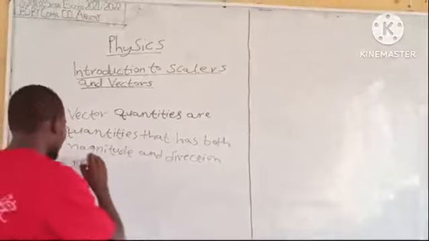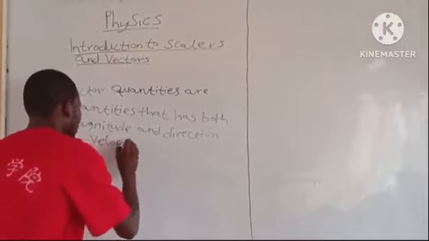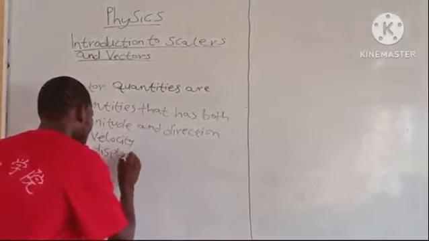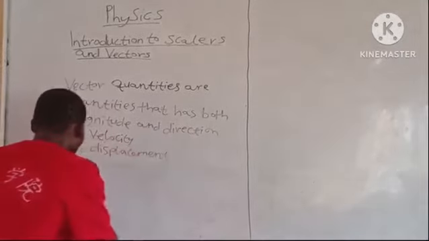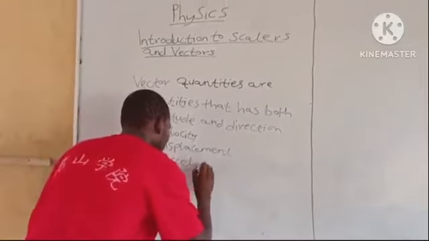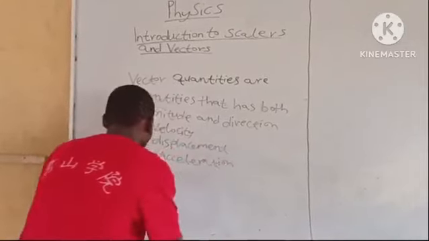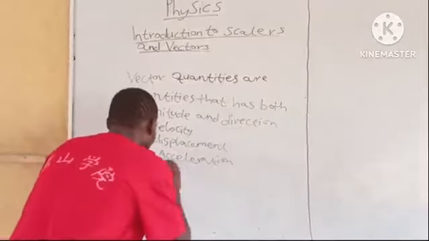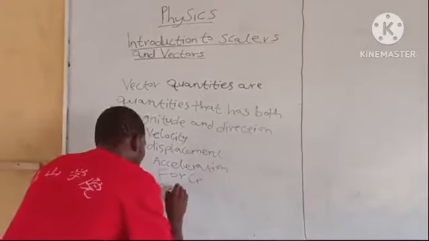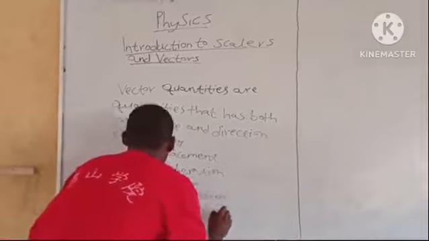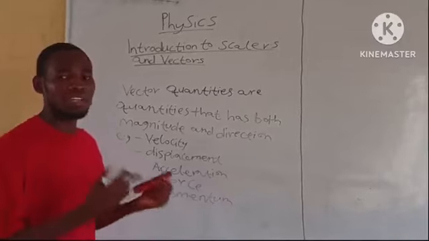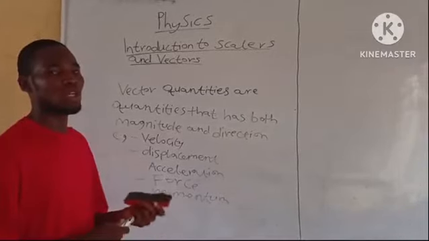We have velocity, displacement, acceleration, force, and momentum. All these are examples of vector quantities. There are other examples of vector quantities. If you go to a physics textbook, you will see them.